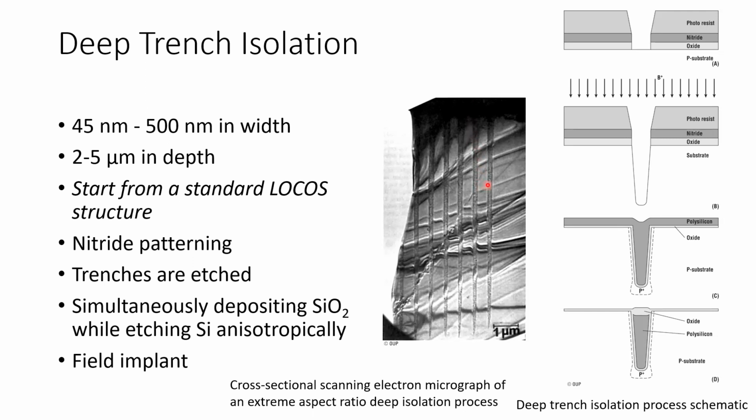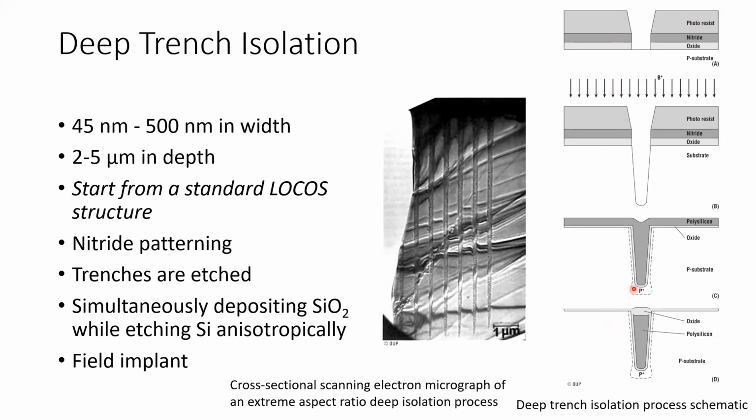For example, the width is around 45 nanometers to 500 nanometers, less than 1 micron, and the depth is 2 to 5 microns, even 10 microns. This is a very high aspect ratio. Again, this starts from a standard LOCOS structure: oxide, nitride, photoresist, and a pattern.